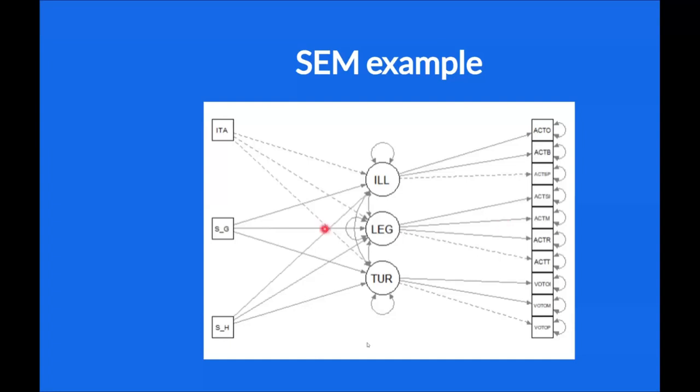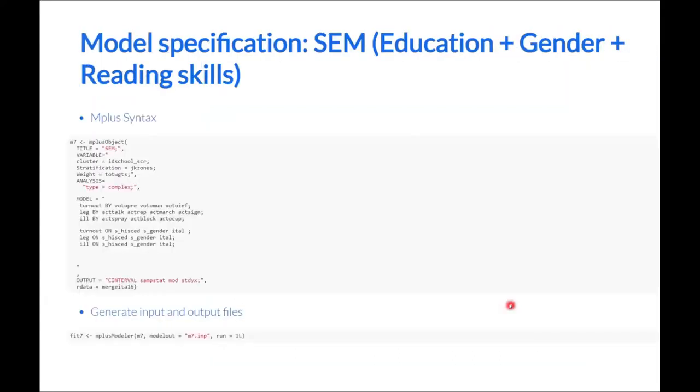We will use the same model, and we will explain the three types of participation by reading skills, gender, and education of parents. We estimate the model the same way, just create an Mplus input file and generate the input and output files and estimations.